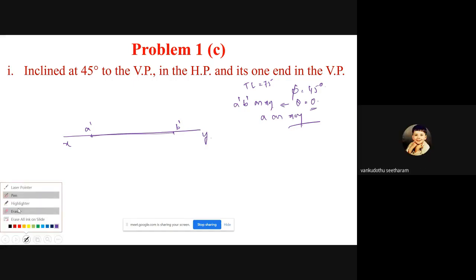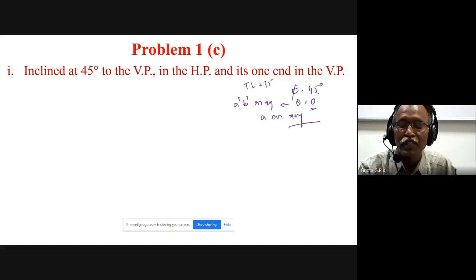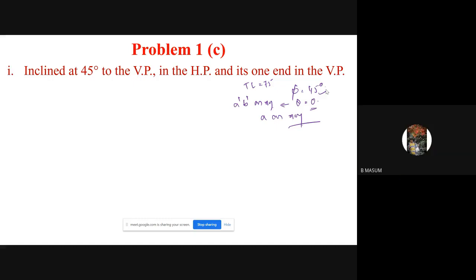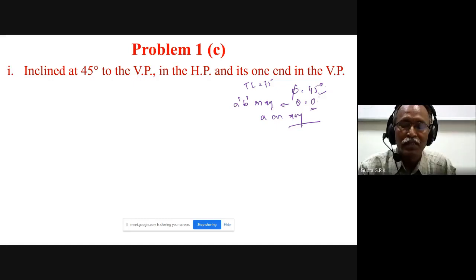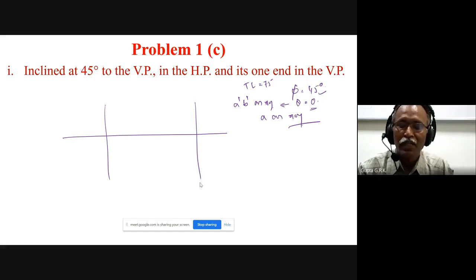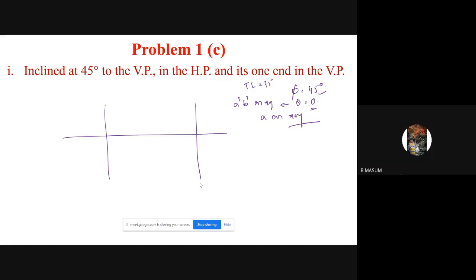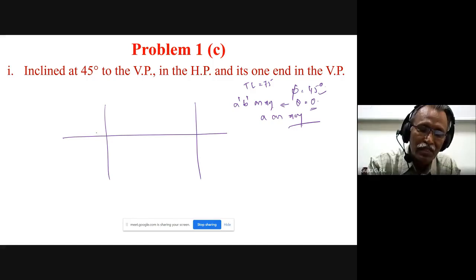Top view, sir. Top view. So wherever I see the 45 degrees I will see in top view. Top view gives me true length, and front view will be shorter. Okay. Now I have to draw two projectors, and where is A and A dash? Both are on XY, right?